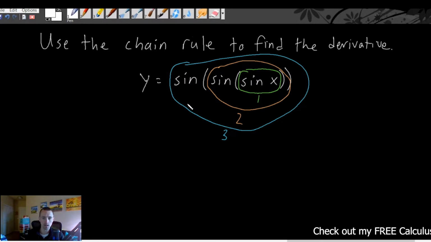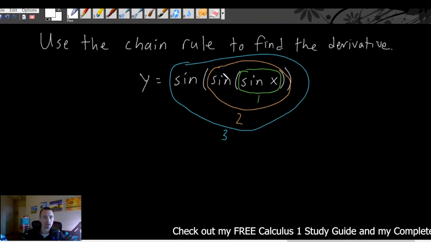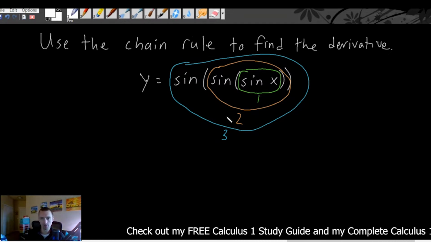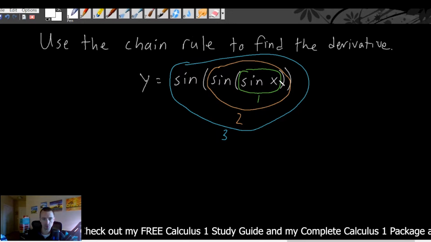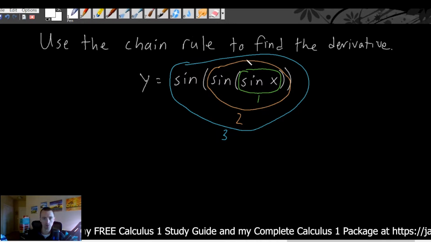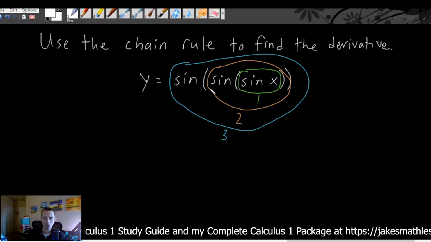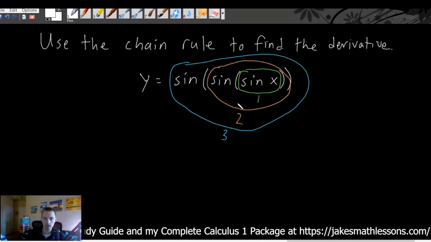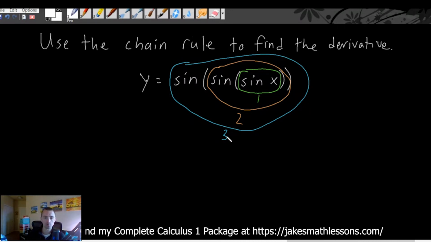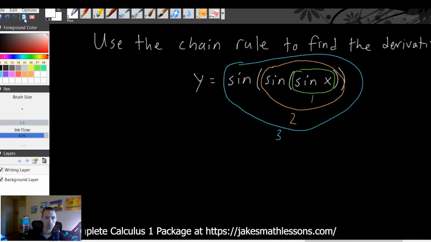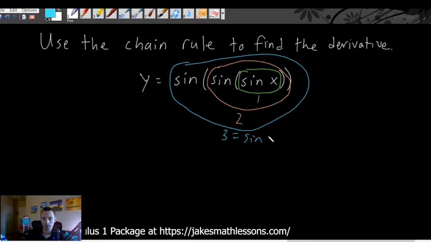In this case, it's sine of all this stuff. But we're going to use that same trick where whatever the next level of inner function is, in this case our orange circle number 2, we're going to replace all of that with x. So if we think of our outermost function, it's going to be sine of x, because if we replace the next level of inner function with just x, we just get sine of x.